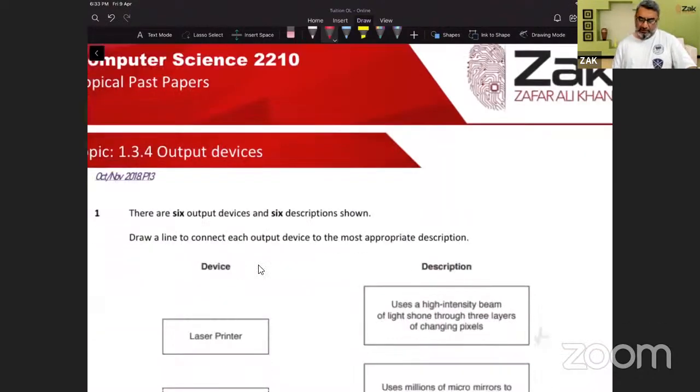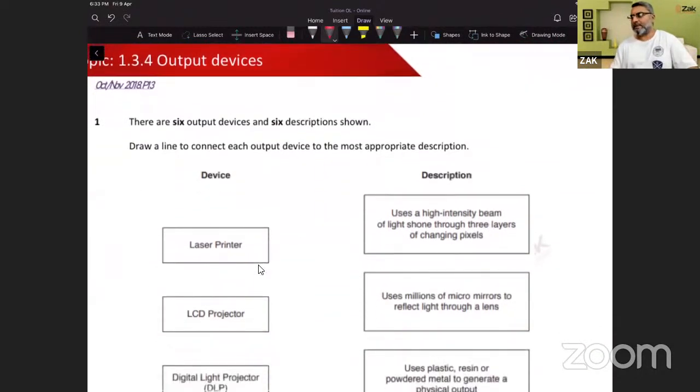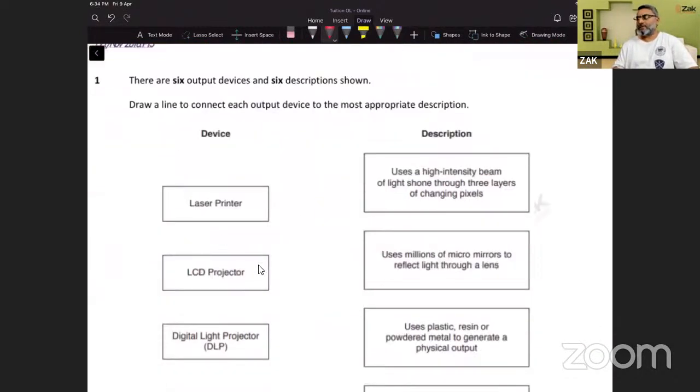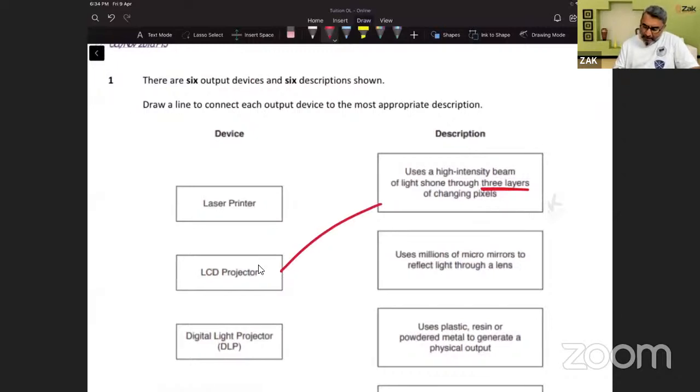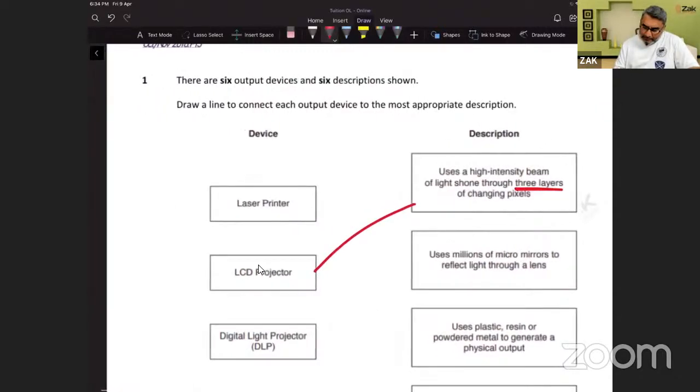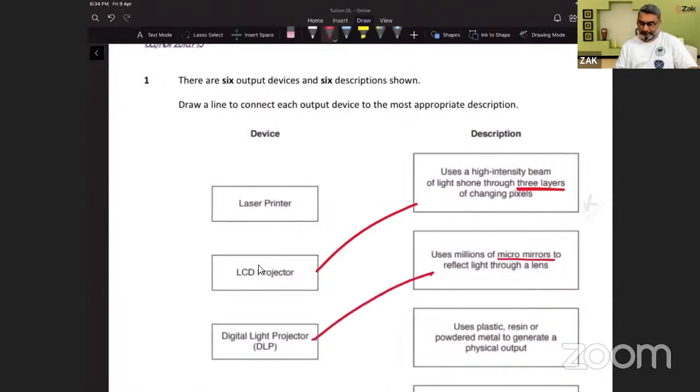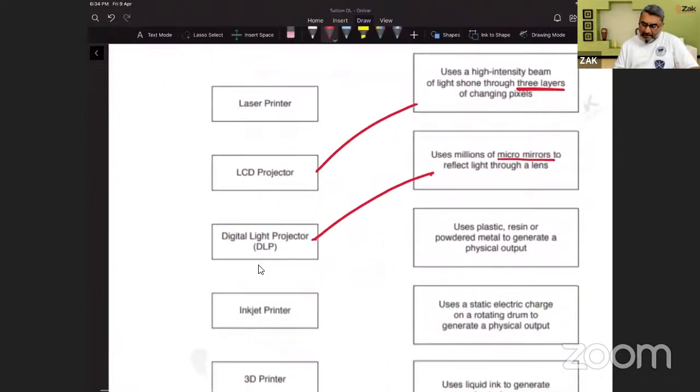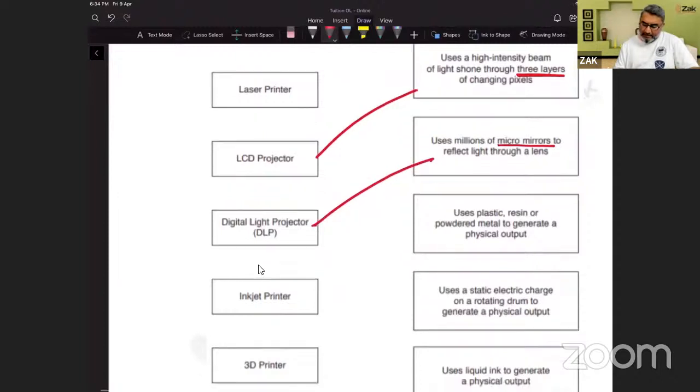Uses high intensity beam of light shown through 3 layers. This is LCD. Millions of micro mirrors, DLP. Uses plastic resin or powdered metal to generate.